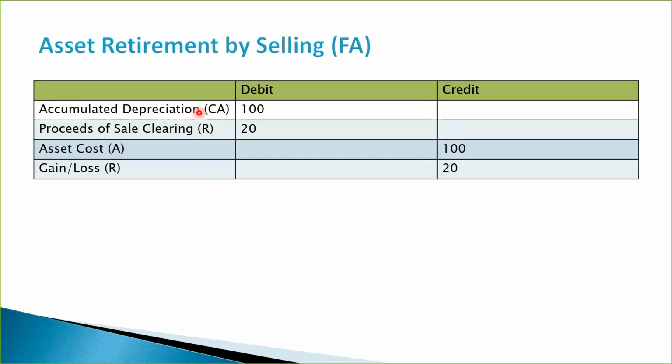This is the FA part of the transaction when you retire the asset. So retirement, of course, means that you are debiting accumulated depreciation and you are taking off the whole asset cost.